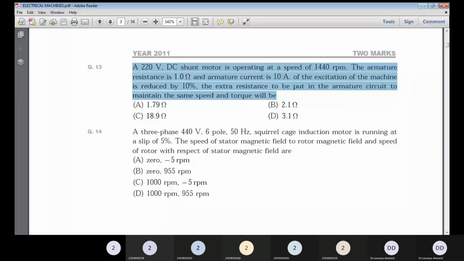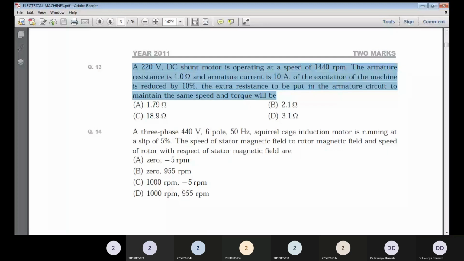Now initially we have the formula. The previous one itself we know this formula. The same formula you are going to write here also. So what is that formula? We have the voltage given, capital V is equal to 220 volt.